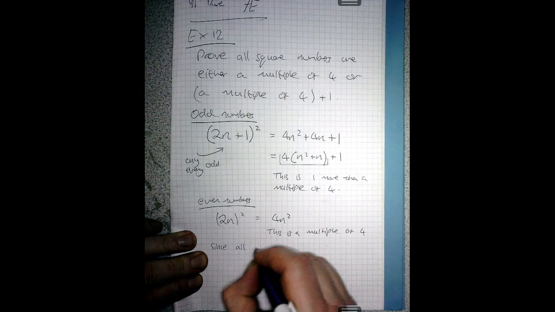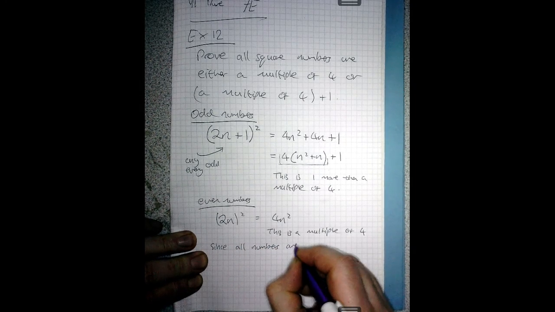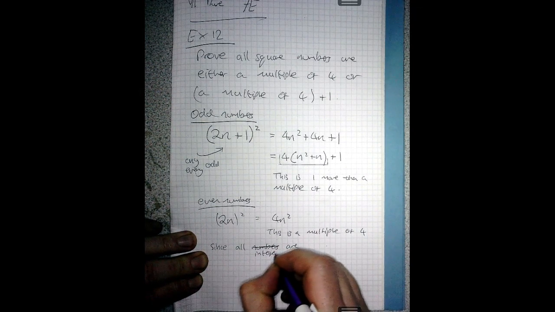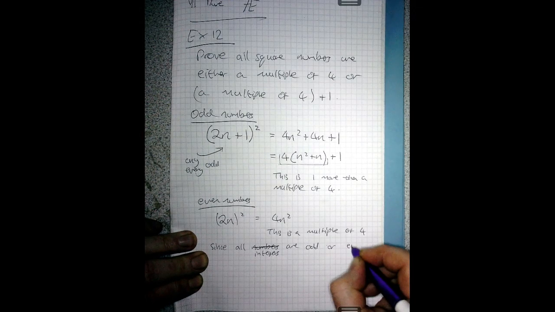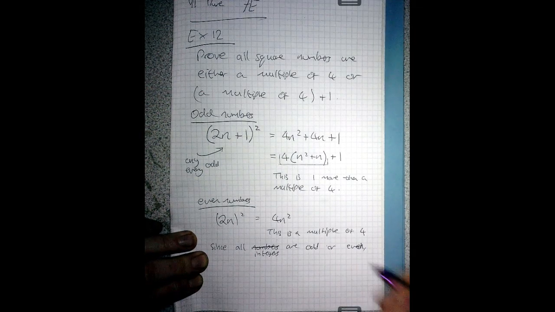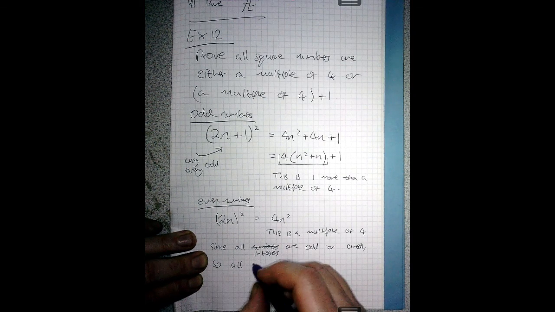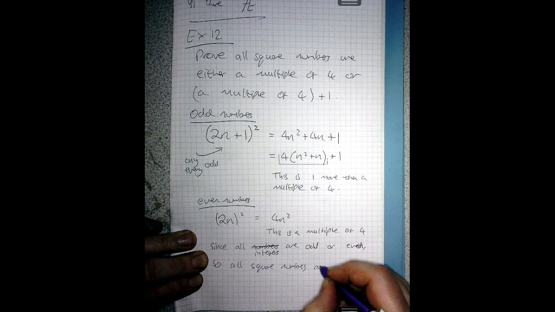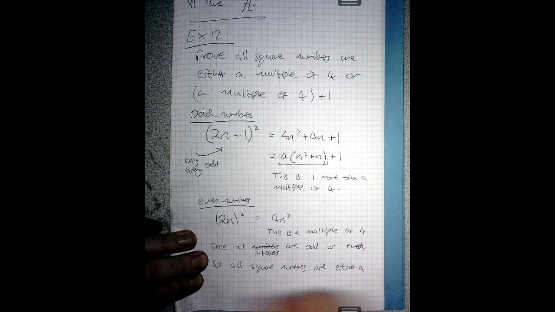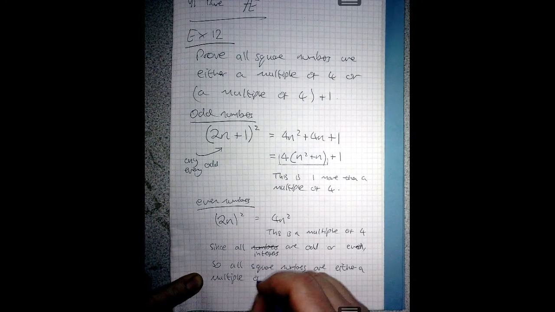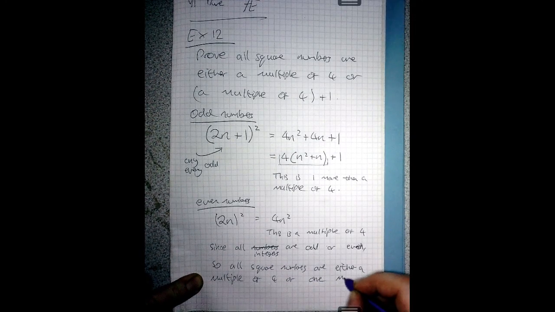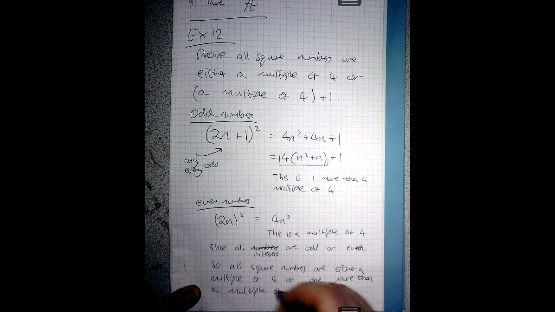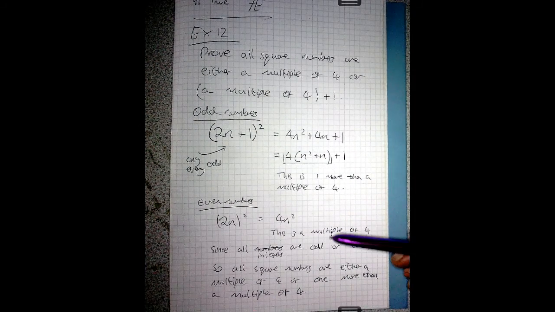So since all numbers, well, integers, I guess, since all integers are odd or even, all square numbers are either a multiple of 4 or one more than a multiple of 4. So proof by exhaustion, trying every different case.